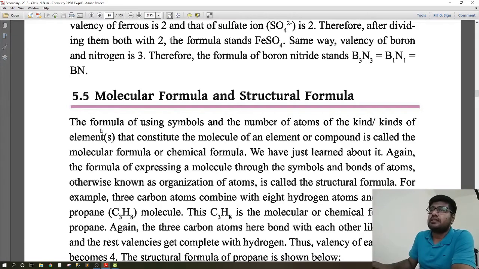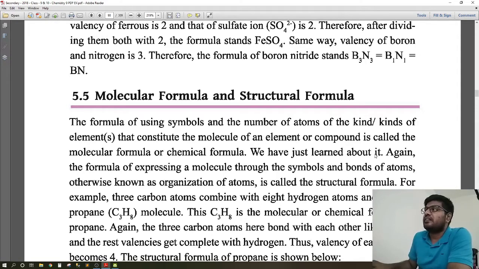So let us start. The formula using symbols and the number of atoms of kinds of elements that constitute the molecule of an element or compound is called molecular formula or chemical formula. In case of molecular formula, the number of atoms of each and every element should be given.